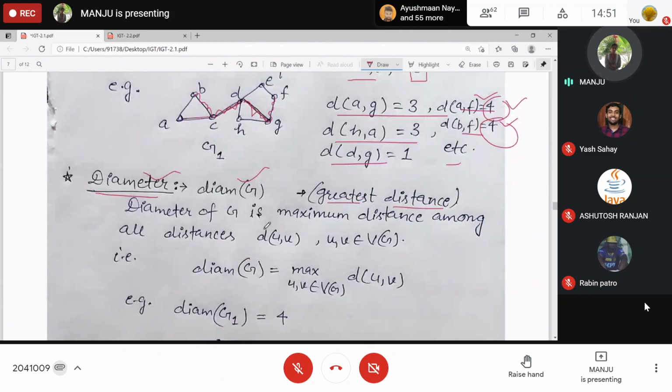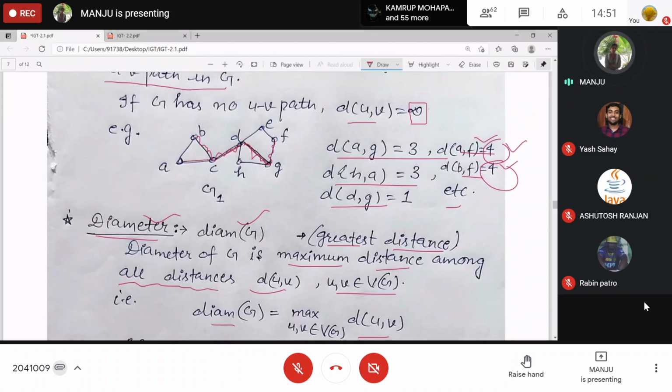So the diameter of the graph is the maximum distance among any 2 points, or among all the distances d(U,V). First you find all the distances and then take the maximum.